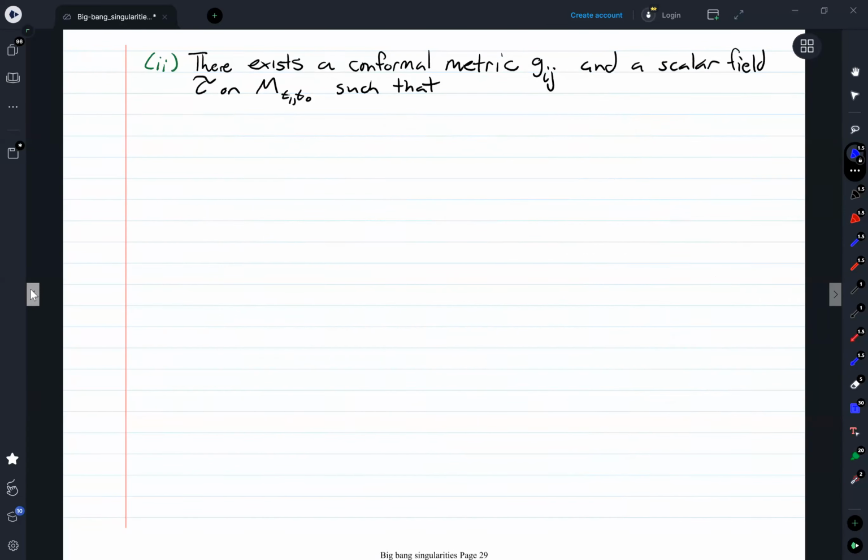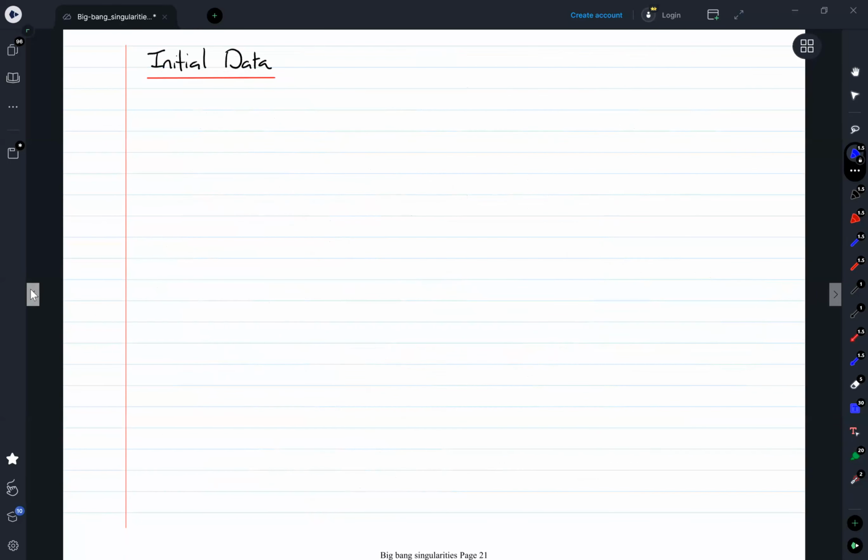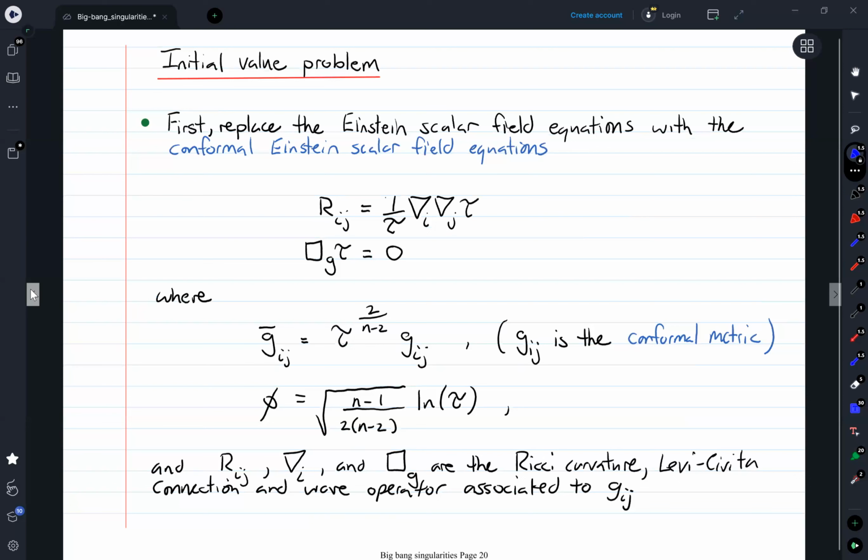It is merely an analytic tool to understand the physical Einstein equations. The physical variables are the physical metric and the usual parameterization of the scalar field. Those satisfy the regular Einstein scalar field equations.